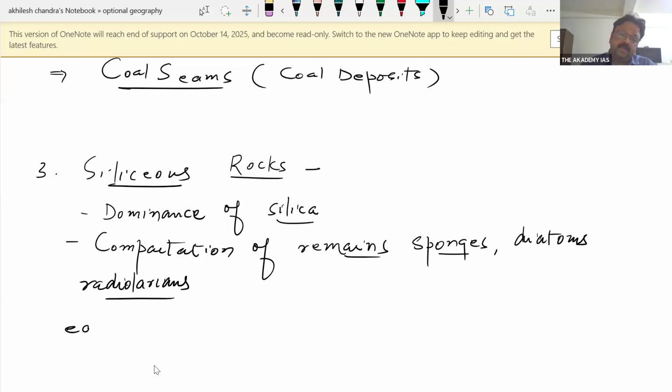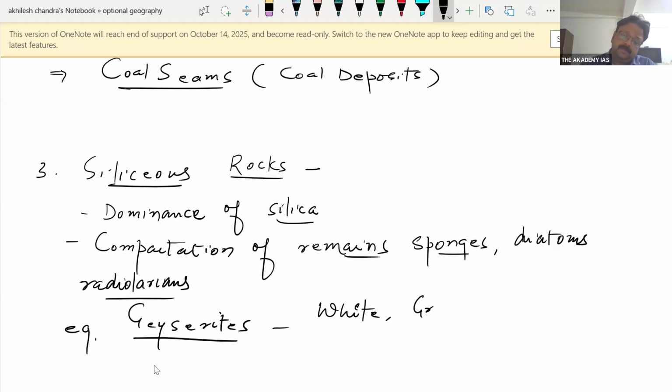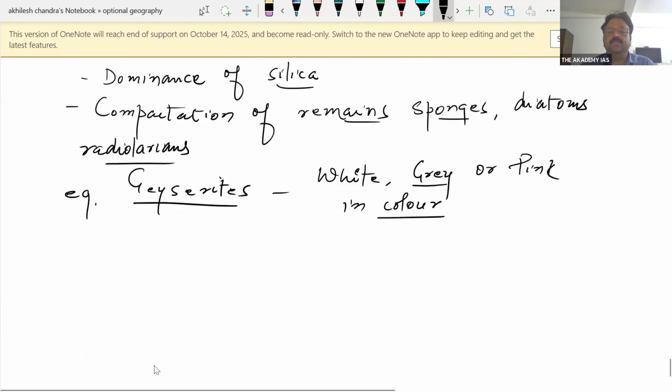For example, geyserite. Geyserites are the best siliceous rock. It may be white, gray, or pink in color, and that is because of impurities over there.